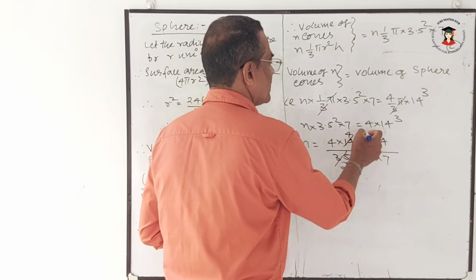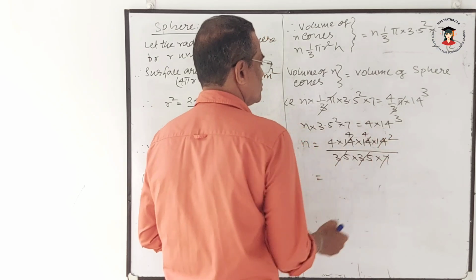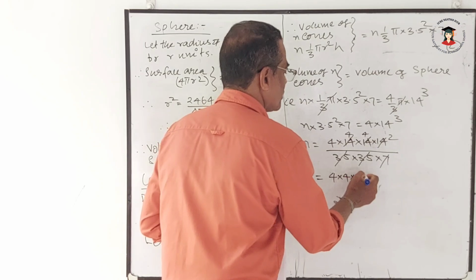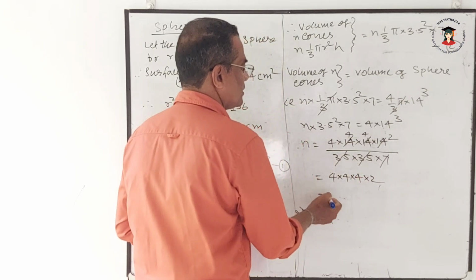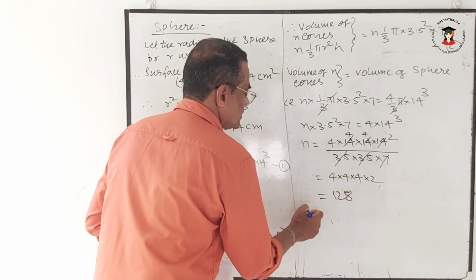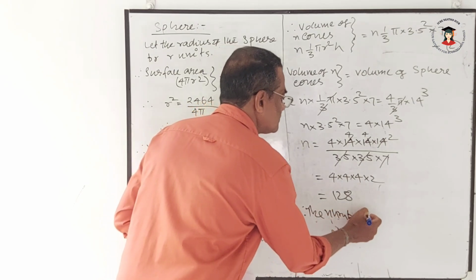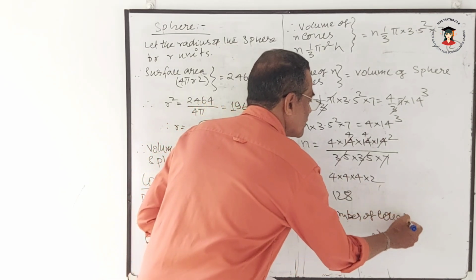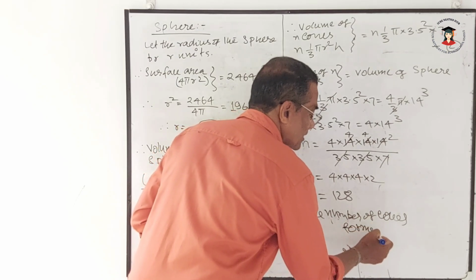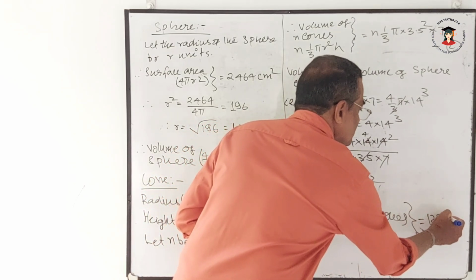This 14 and 3.5, here again you will get a 4. And this 7 and this 14 will give you 2. So this is equal to 4 into 4 into 4 into 2, and that is equal to 128. Therefore, the number of cones formed after melting and recasting is equal to 128 numbers.